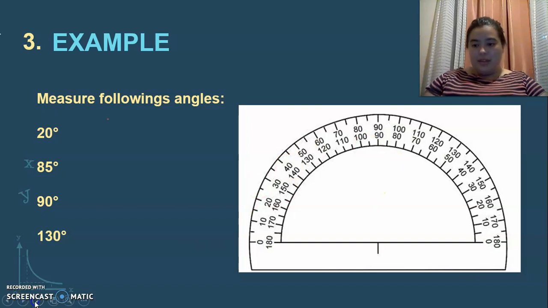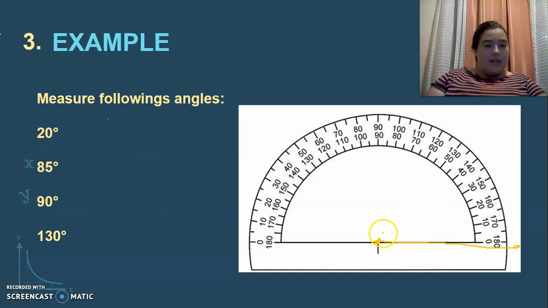The first one says 20 degrees. So we have to make our vertex first, then we have to make our first ray. And then we look for 20 degrees here.